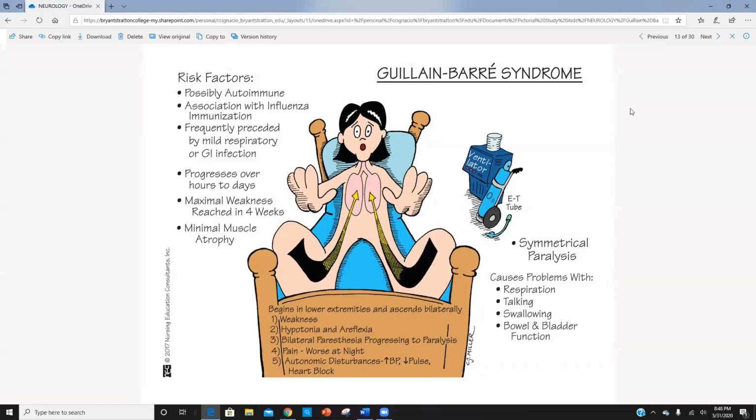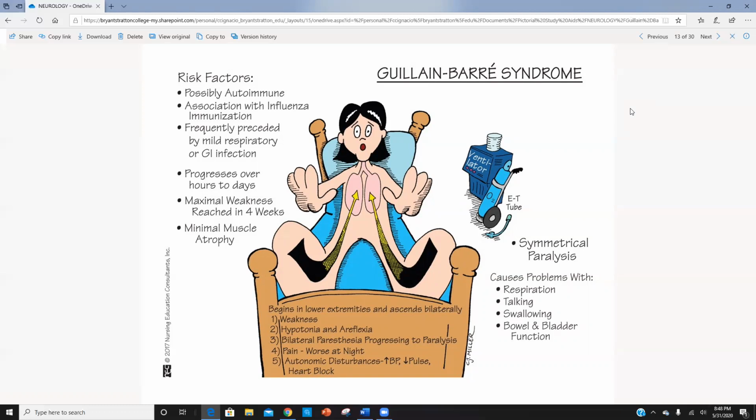So your nursing interventions for a patient with GBS, also known as Guillain-Barré syndrome: assess the respiratory status and provide respiratory support as needed. That's why in the picture there's oxygen and the ventilator. Monitor the vital signs and ECG. Provide nutrition and prevent aspiration. They may need parenteral supplementation.